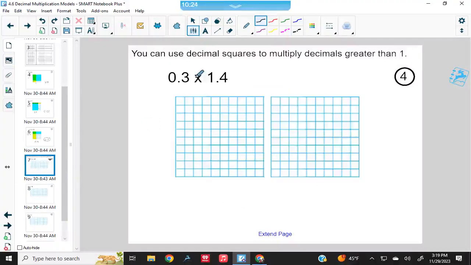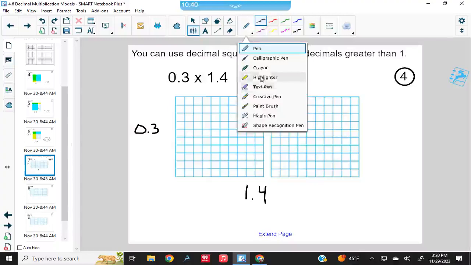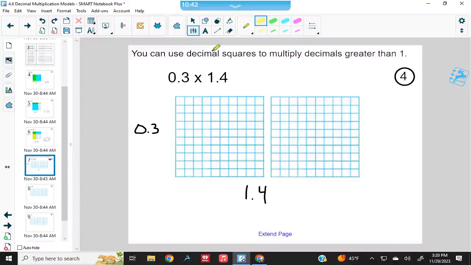Okay, now we have a whole number. Okay, we have a decimal greater than 1. So we're still going to put our 0.3 right here. But now we're going to put a 1 and 4/10 down here. We're going to do our first number, our 3/10, the exact same way. But we need to apply that to both base 10 blocks.